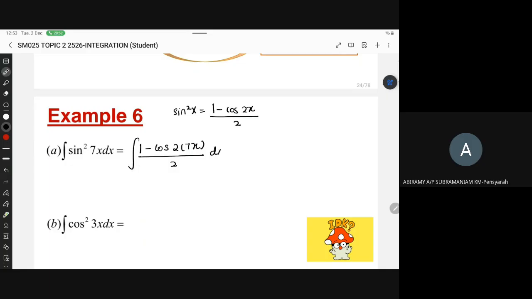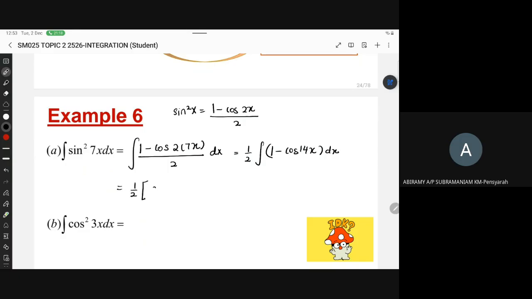Do not forget your integral and dx sign. Now we can factorize 1 over 2 and integrate 1 minus cos 14x dx. It's a subtraction, so we can integrate term by term.